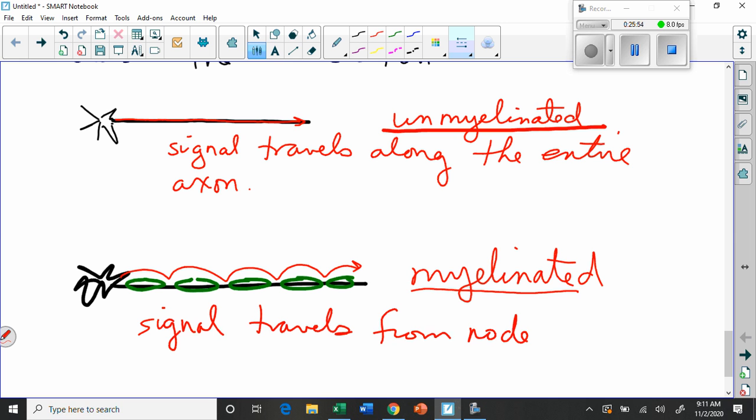And what we've discovered is this makes the signal travel much faster. You can imagine if you had to pass a message to a big long chain of people by talking to the person beside you each time, and that message had to go down every person. It would be a lot easier if you could just yell your message ahead to the fourth or fifth person down the line, wouldn't it?